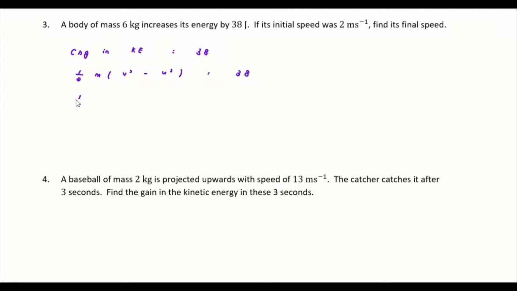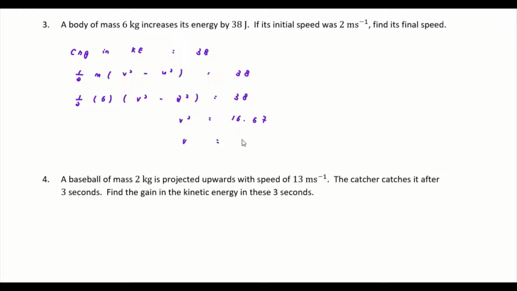Let's substitute. The mass is 6 kg, and we want to find the final velocity, right? So v squared minus u squared, which is 2 squared, gives us 38. Now let's solve some math. v squared will be equal to 38 multiplied by 2 divided by 6, plus 4 squared, which gives us 16.67. After we got this, we solve it.